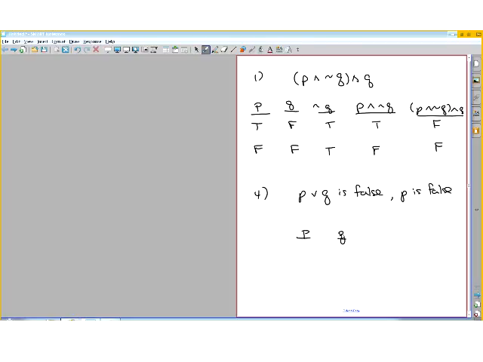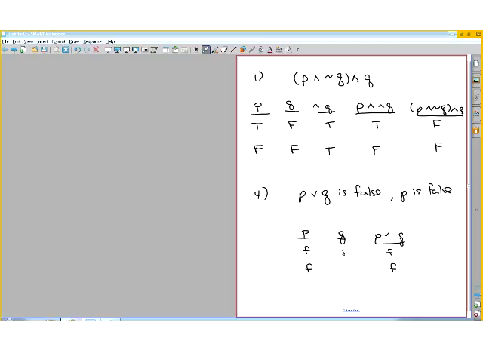So let's just do this here, P, Q. So if this is false, and we want to do P or Q, and this is false also, the question is, what does Q have to be?